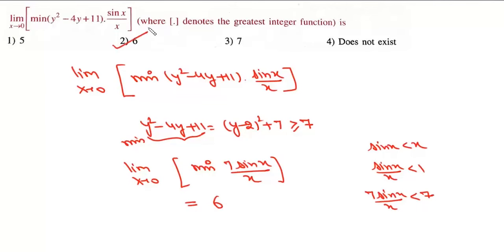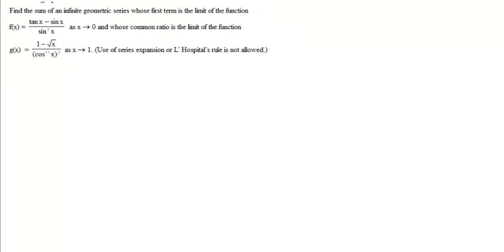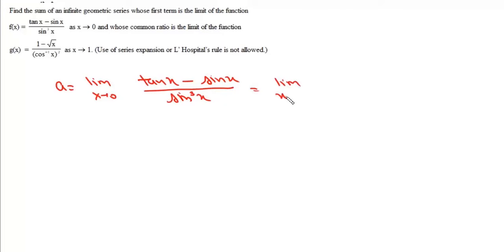and therefore its greatest integer function will be 6, and that's your option 2. Now the question is, find the sum of an infinite GP whose first term is this limit, x tends to 0, (tan x minus sin x) upon sin cube x. Now if we take tan x common, we can write this as limit x tends to 0, tan x into (1 minus cos x) upon sin cube x.